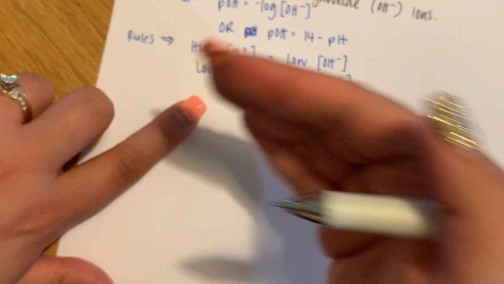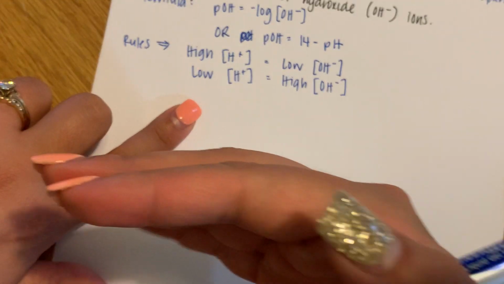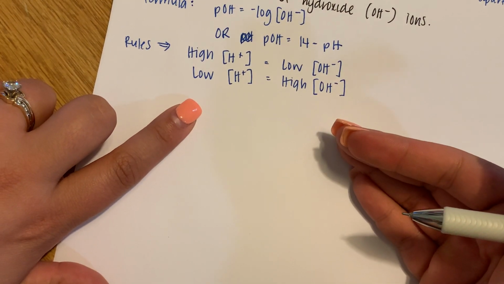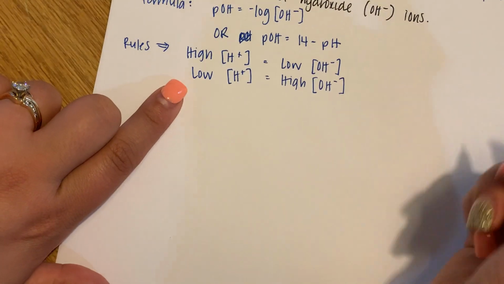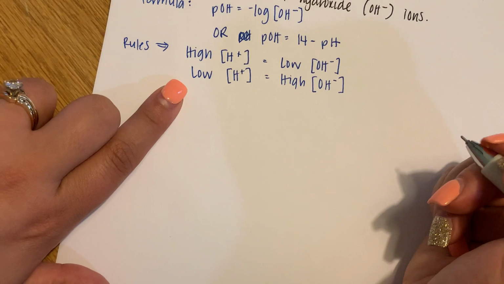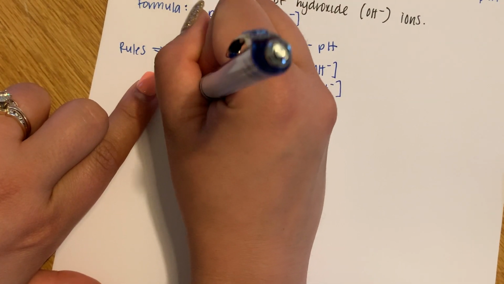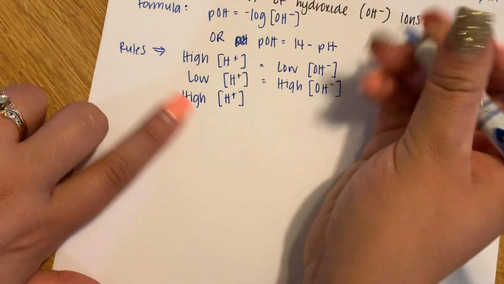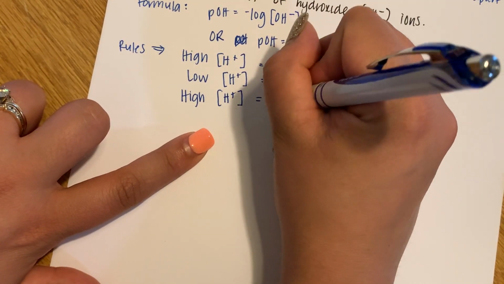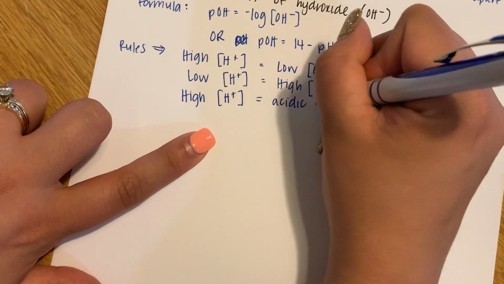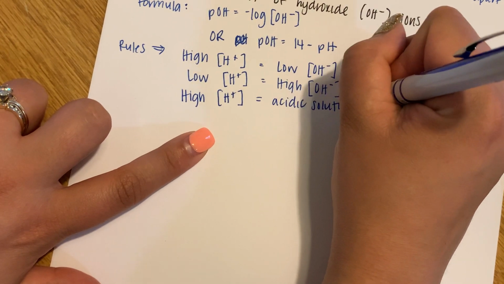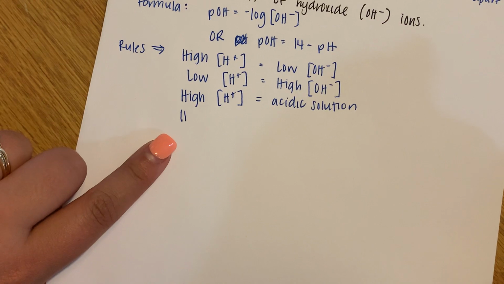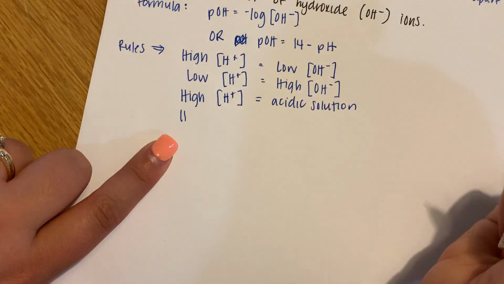Remember, the pH scale is literally telling us the potential of hydrogen ion concentration, and the pOH is telling us the potential of hydroxide ion concentration. So if I have a high amount of hydrogen ions, that is a more acidic solution. And therefore the opposite is also true.